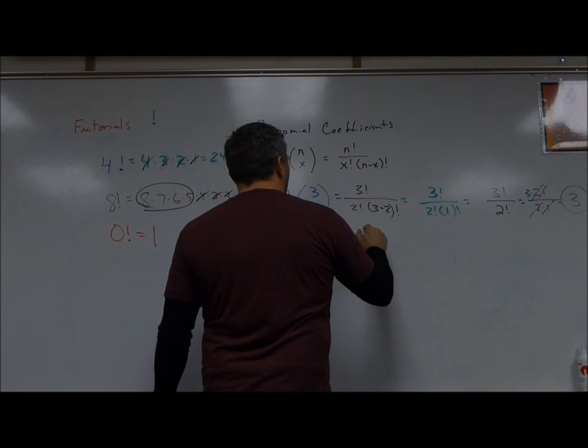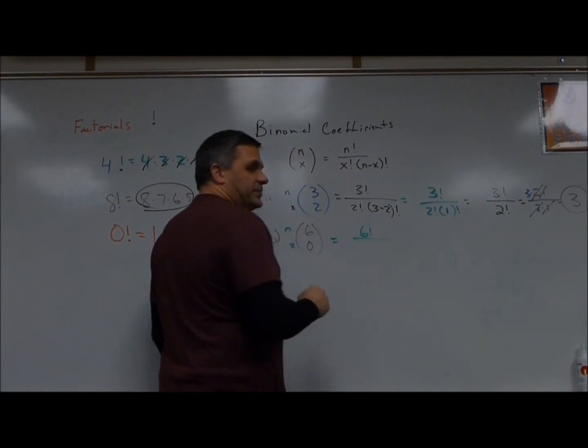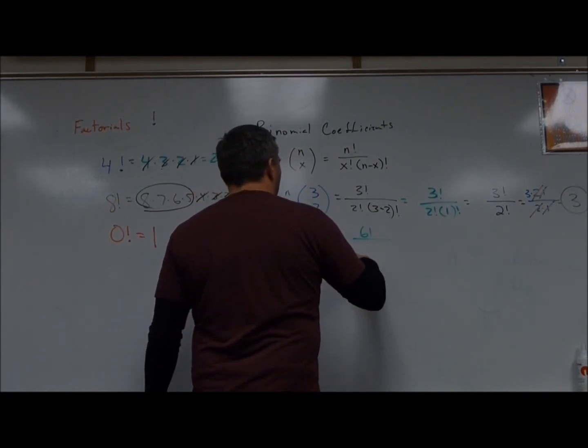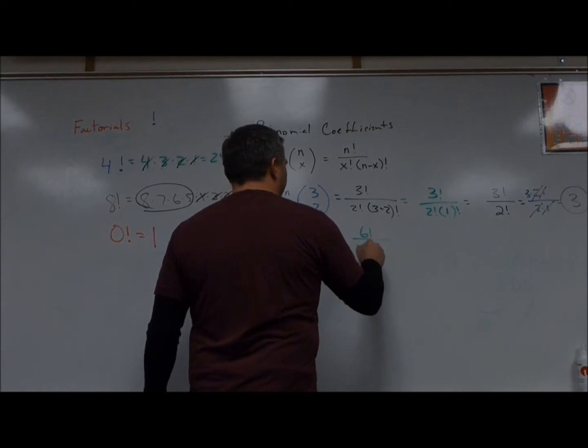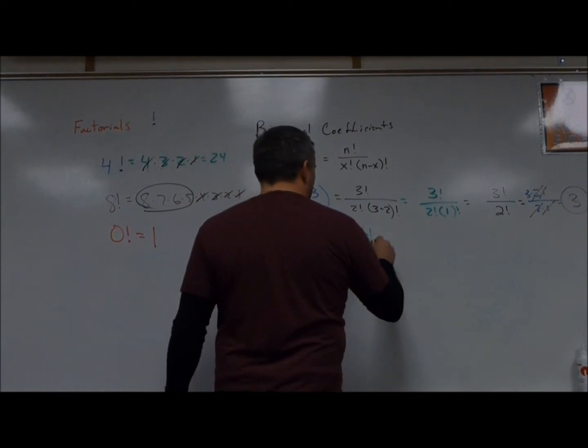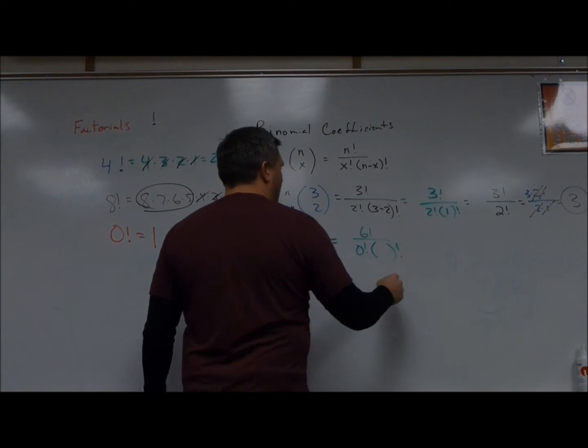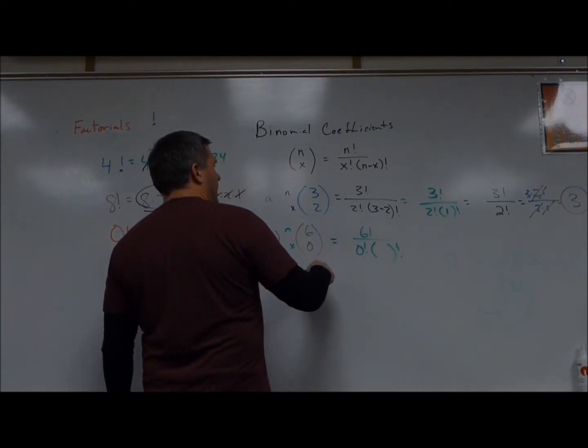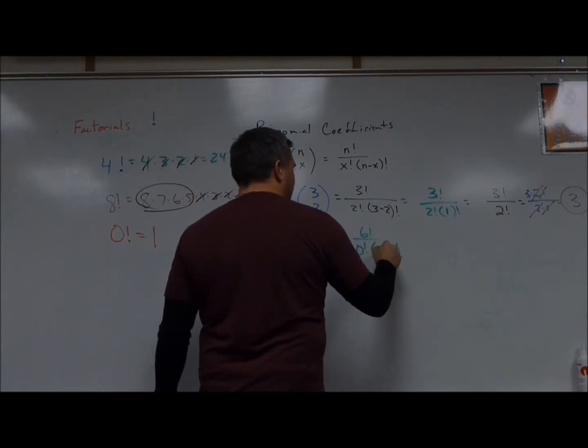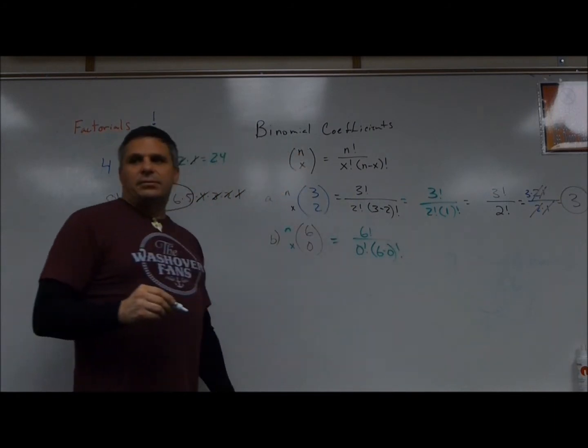So you have 6 factorial over 0 factorial times 6 minus 0.